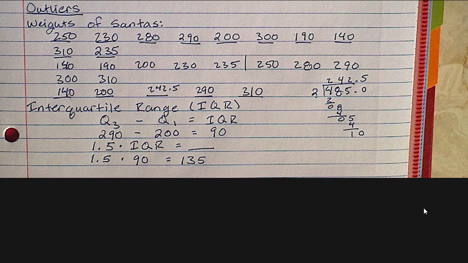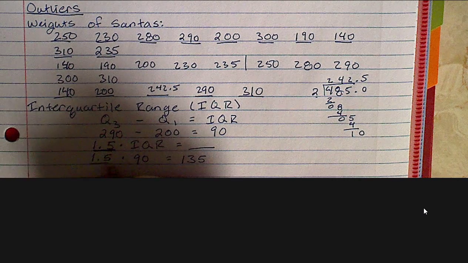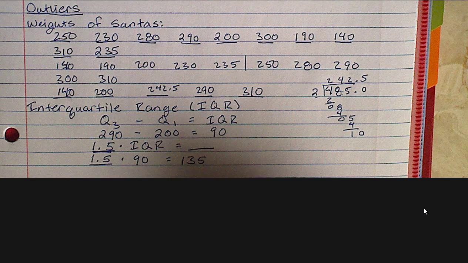Now, this 1.5 came from a mathematical proof that was done about 150 years ago. For now, I'm not going to show it to you. You guys can just believe me when I say it's true. Unless you want me to show it to you. Okay. All right. So 135.